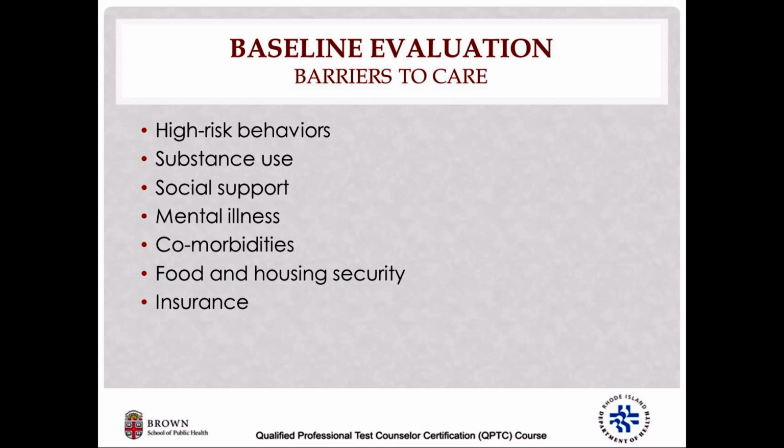Those are listed here on this slide, but we'll often do a lot of education and counseling related to substance use, social support, mental illness, other comorbid medical conditions, food and housing security, and insurance. These are all things that we address within the realm of providing adequate HIV care.